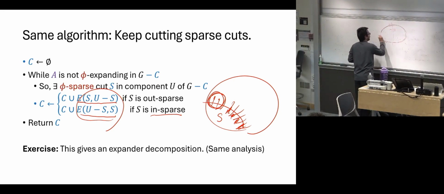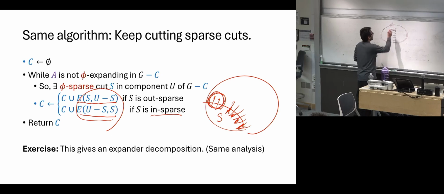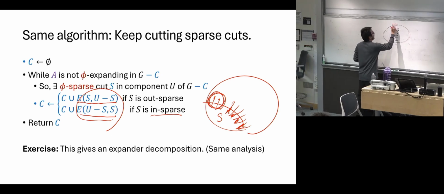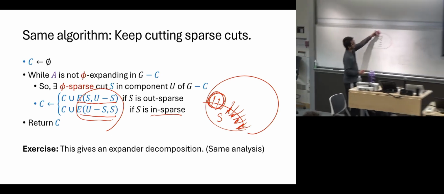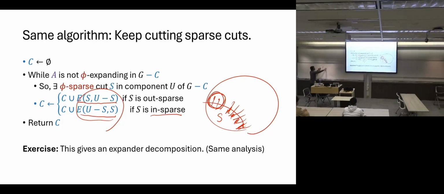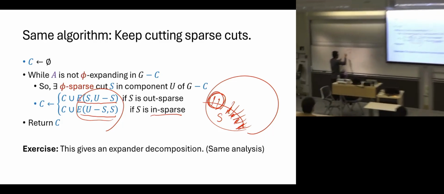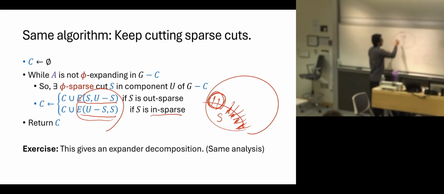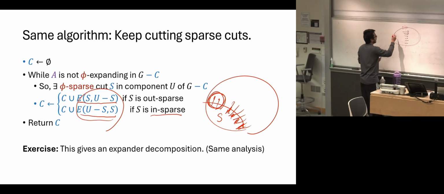This is a graph, and there are a lot of edges here, but there are few edges here. Okay. So I cut this thing. And now I just need to recurse on both sides. Then maybe I find this cut, maybe a lot of edges in this direction.